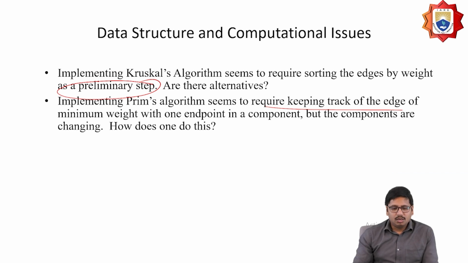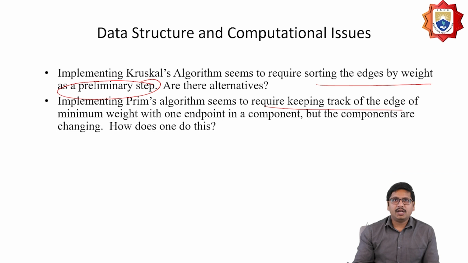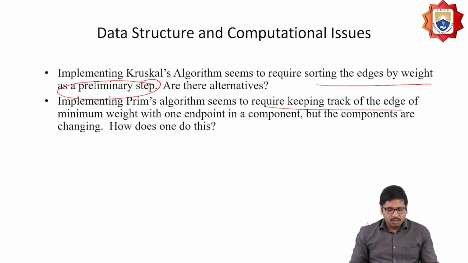How does one do this? So this should be the difficulty or drawback of Prim's algorithm. In Kruskal's algorithm, we have to sort the edges by weight as the primary step, and in Prim's algorithm we have to keep on tracking the edges of minimum weight with one endpoint in the component. That is the drawback of Prim's algorithm.